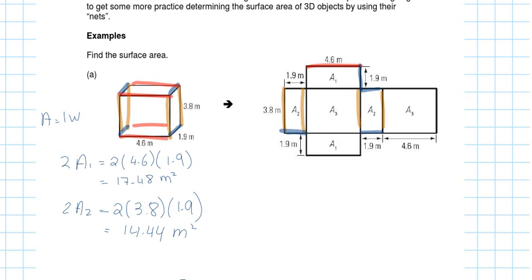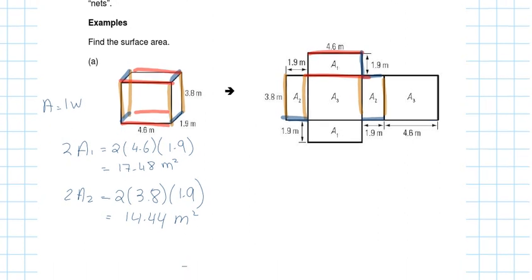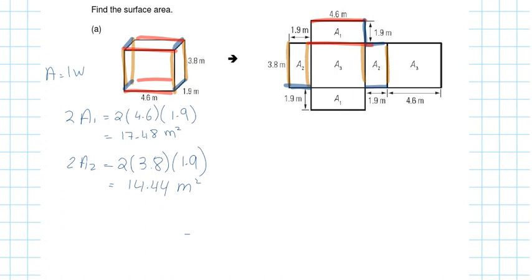And then A3, so I have the 3.8 and I have the 4.6, right? So you have the 3.8 and the 4.6. And again, I have two of them. I have two A3, so I have this one and this one.